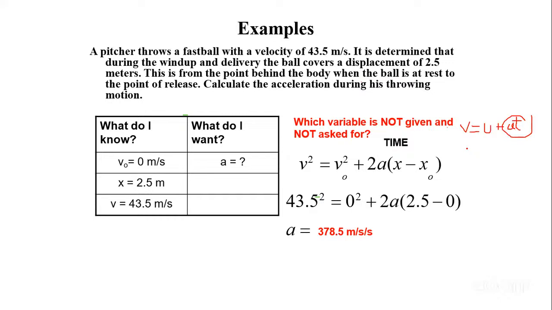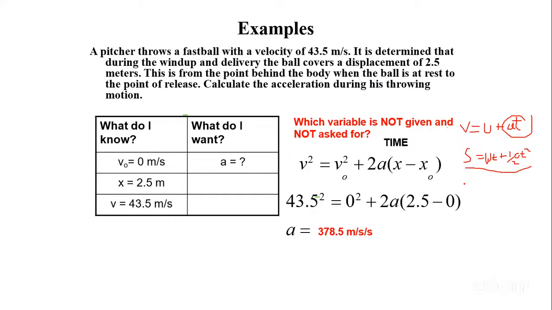If you say we should have used s is equal to ut plus half at squared, t is not given, so we cannot use this as well.